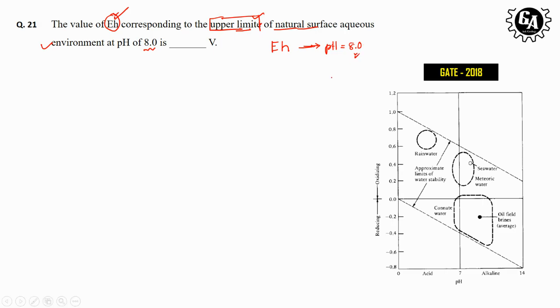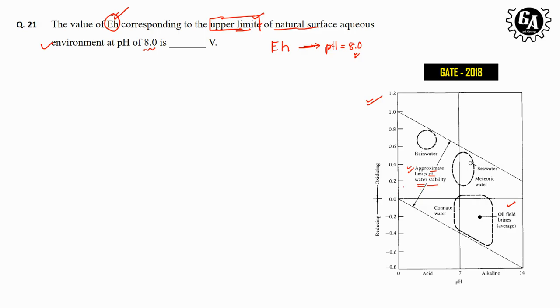You can see in this right side diagram, this is the Pourbaix diagram of water, with sea water, meteoric water, oil field brine, connate water, and rain water. This is the approximate limit of your water stability.